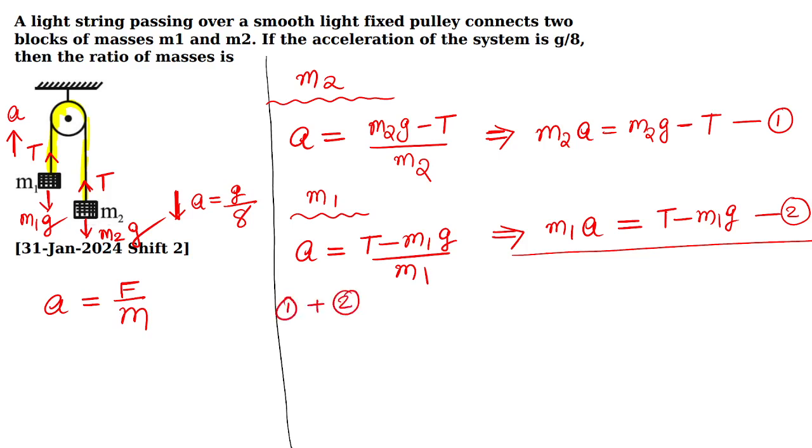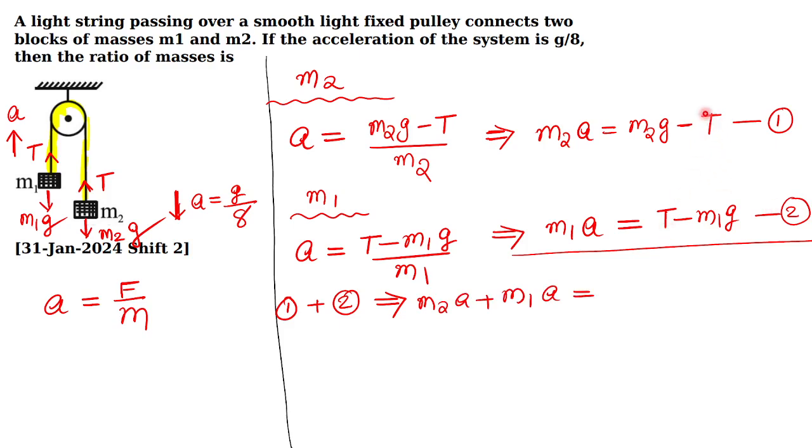1 plus 2 gives, what is the left hand side? Left hand side is m2a plus m1a. I am writing all the steps. Why are we adding?